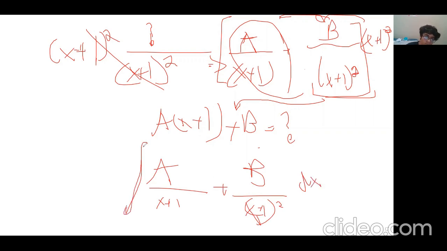Because it's going to be some variation of natural log here. And this might be a little bit more work because of the square in the bottom, but it might be pretty easy as well. So again, pretty easy.